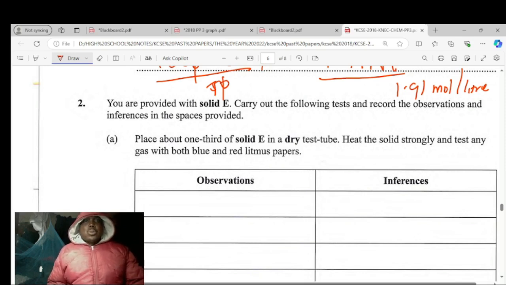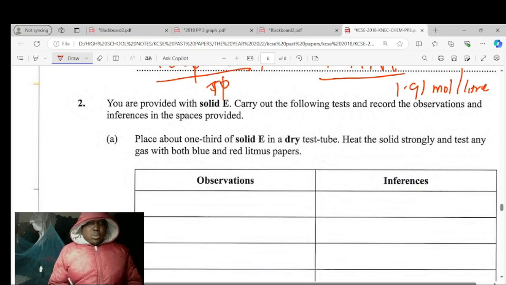Once you put your red and moist litmus paper on the mouth of the test tube, make sure the test tube is very dry. That's one thing you need to do. The test tube should be very dry, should not contain any water or any droplets of water, because you need to make observation whether there is a colorless liquid formed on the cooler parts of the test tube.